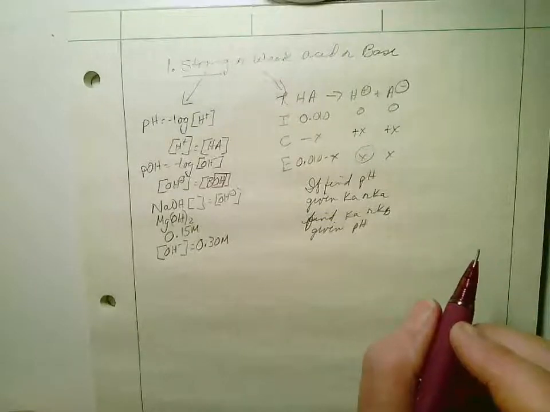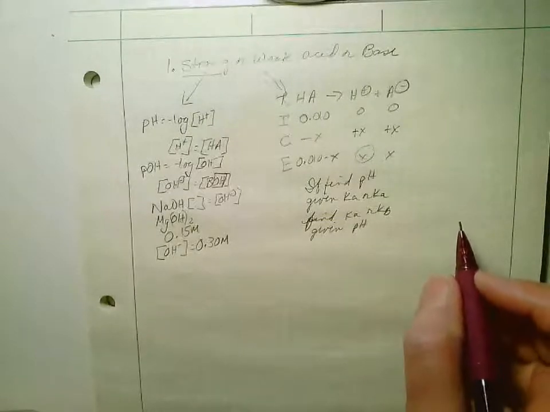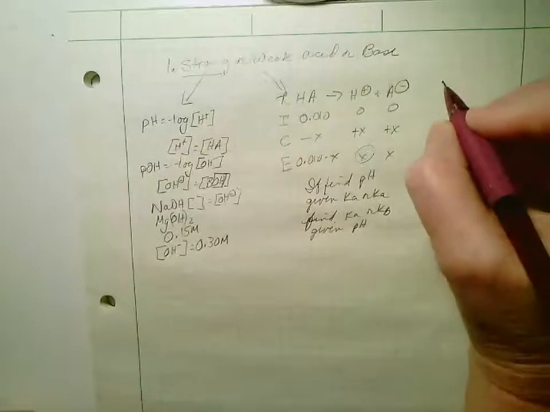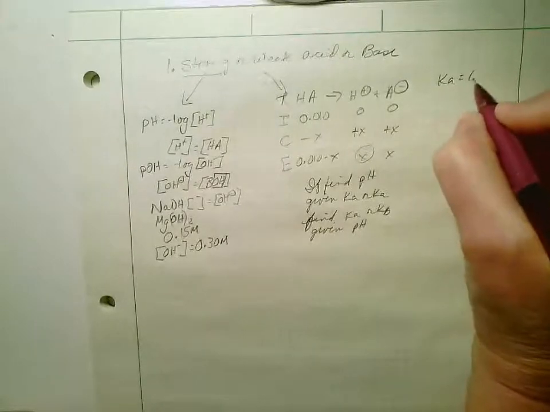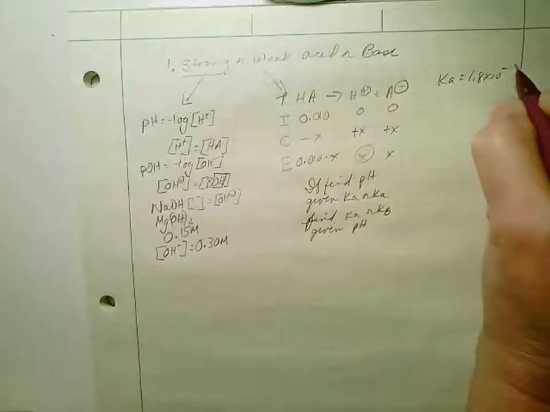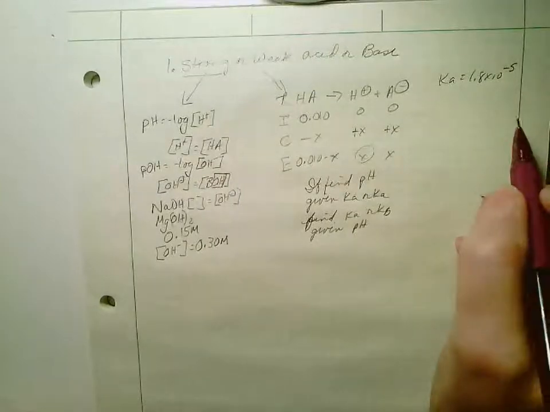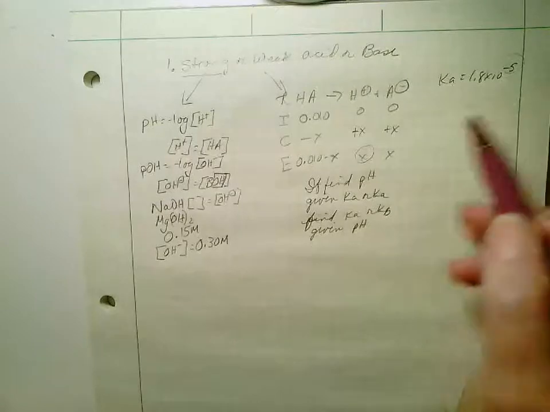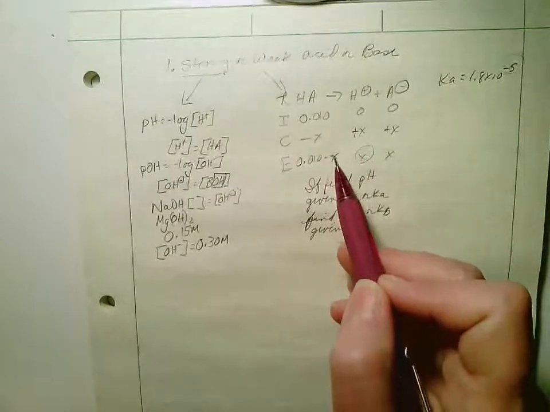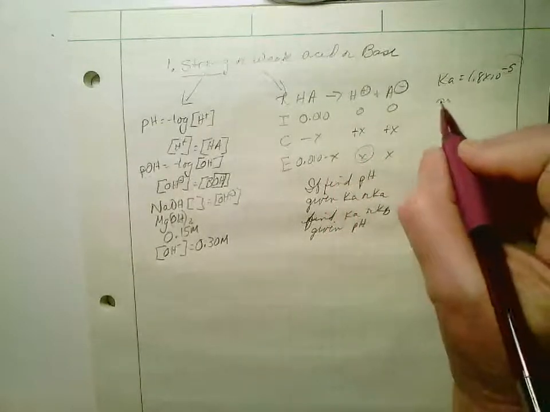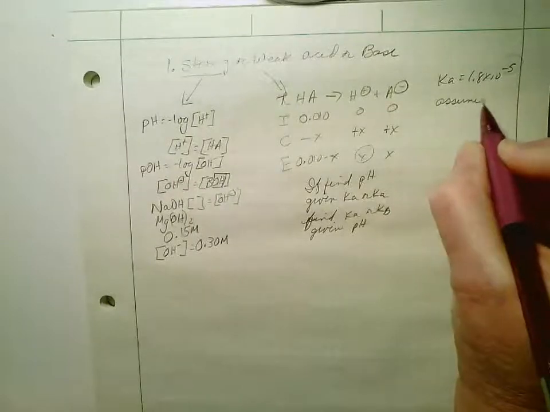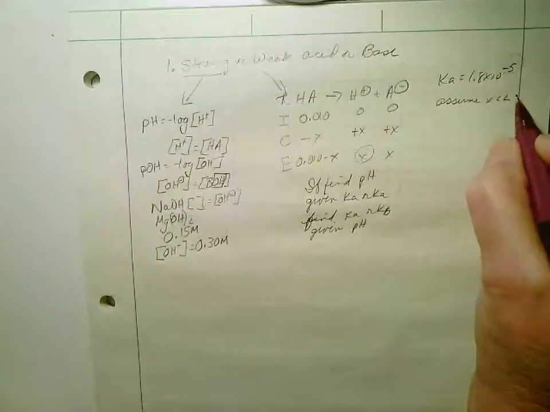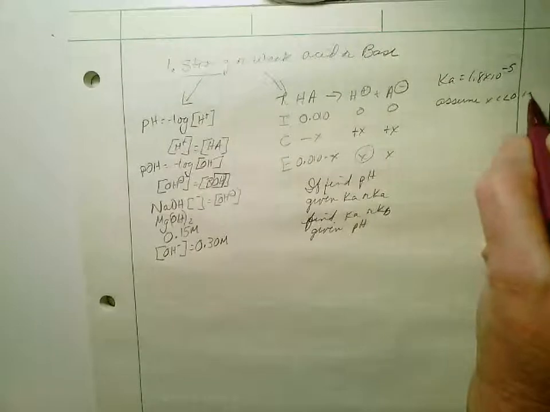So, let's say we have an acid and its Ka is 1.8 times 10 to the negative fifth. So, this is a very small number. That means I can assume that x is very, very small, much smaller than 0.010.